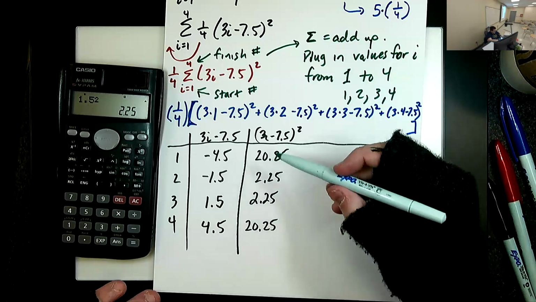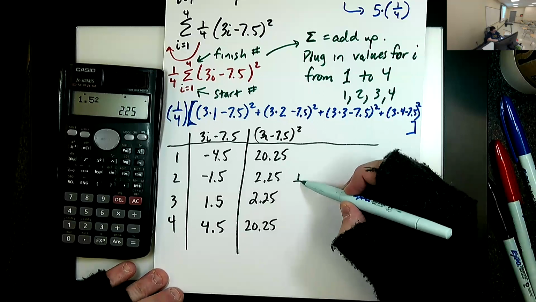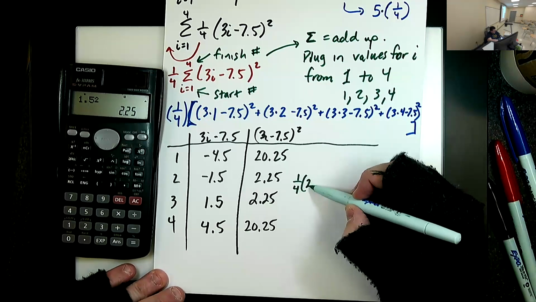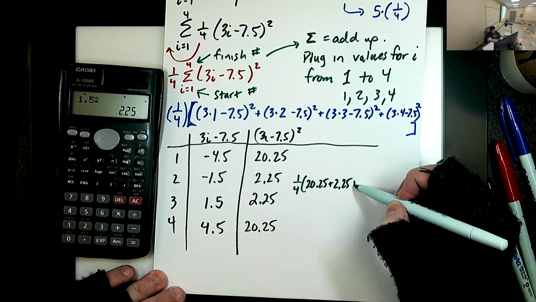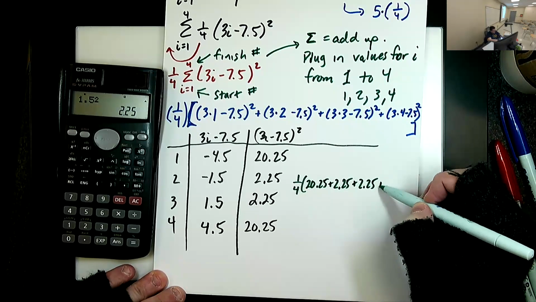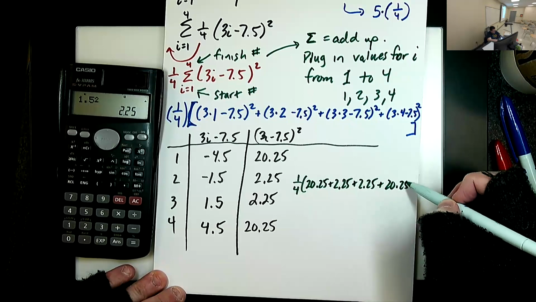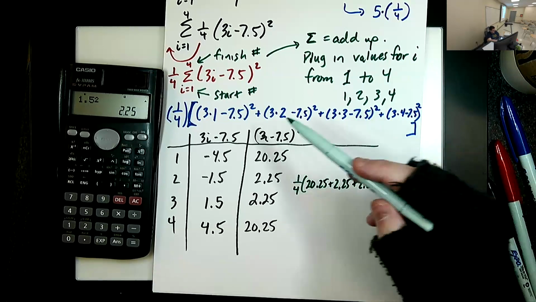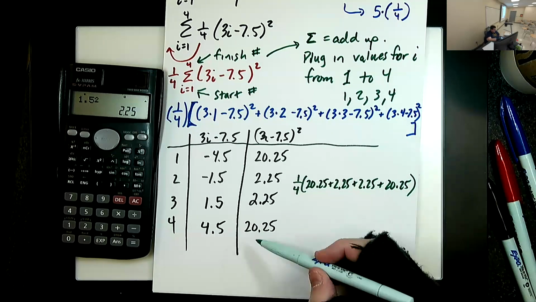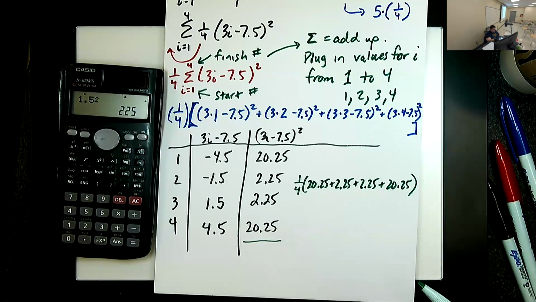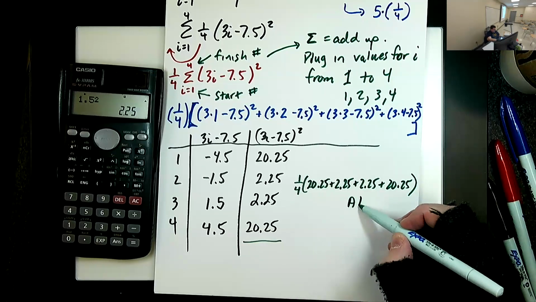So what I really have at this point is 1/4 times 20.25 plus 2.25 plus 2.25 plus 20.25. I've just done all the complicated stuff in there. Now I just need to add this up and divide by 4.